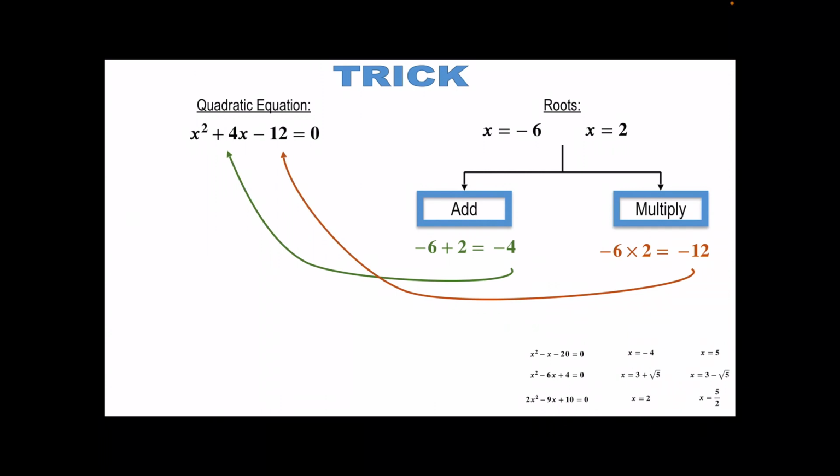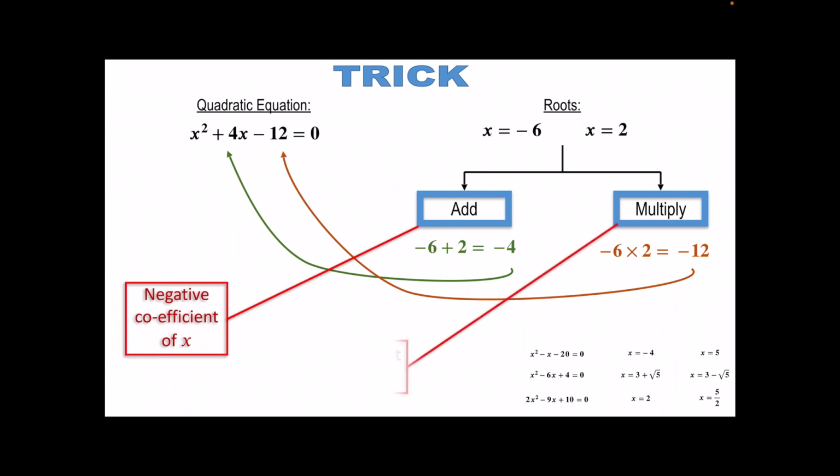The only difference in the answer of addition and the middle term is that of sign. So we can say that the sum of the roots is equal to the negative coefficient of x, and the product of the roots is equal to the constant term in the quadratic equation.